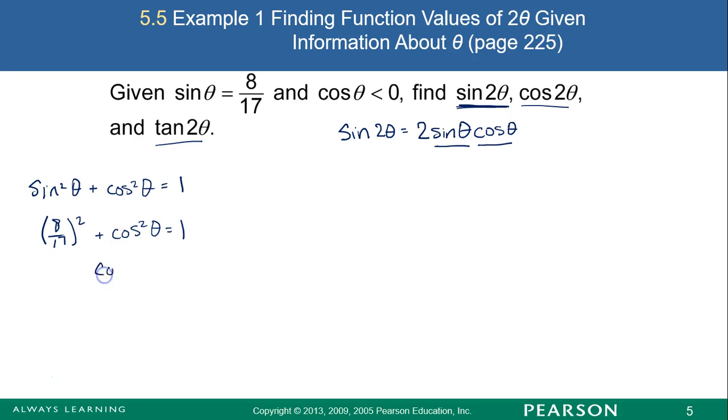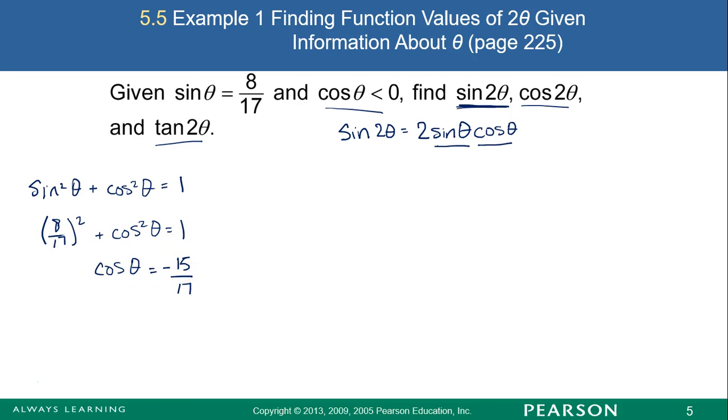And when we solve this for cosine, we get, remember cosine is going to be negative, so this is going to be negative 15 over 17. Y'all should know what I just did at this point right here. Shouldn't have to explain that.